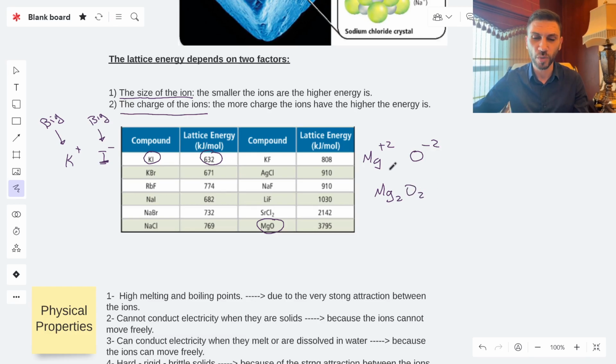But as I told you, we're going to take the simplest ratio. So we divide by 2, we divide by 2, so the compound should be MgO. And this compound has a very big lattice energy because Mg has positive 2 and the oxygen has negative 2.